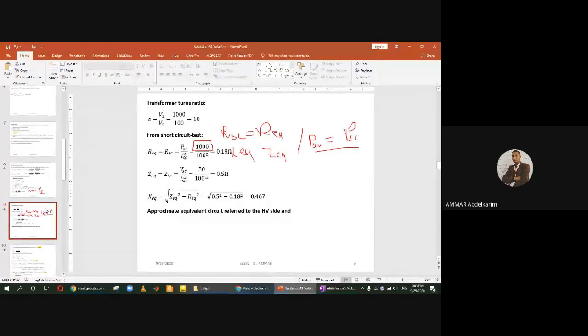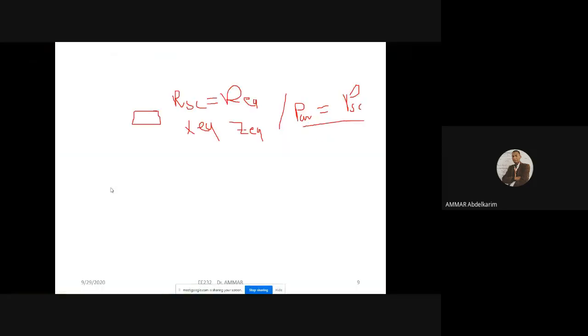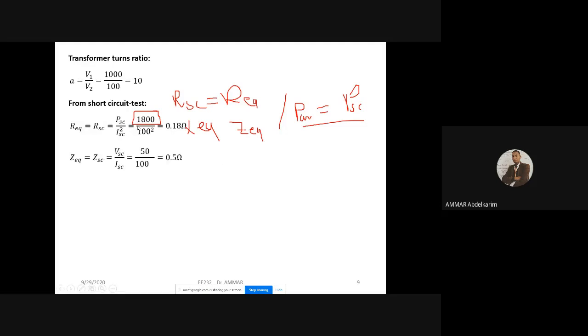So here also is 100. So here the short circuit current is the rated current. So the R equivalent equals 0.18.